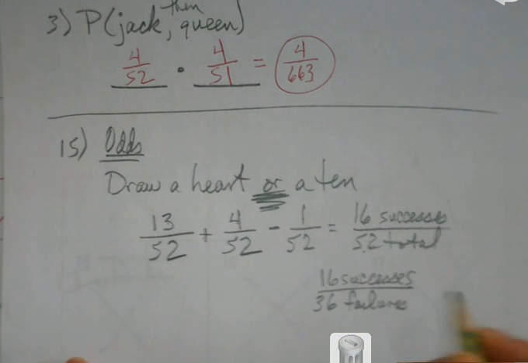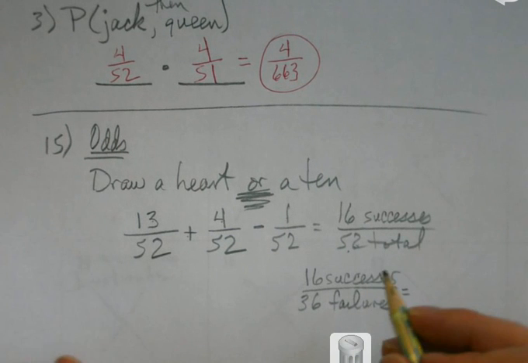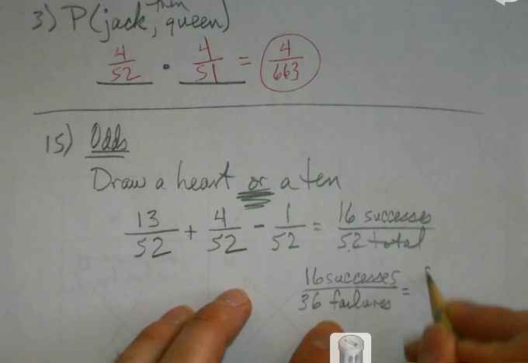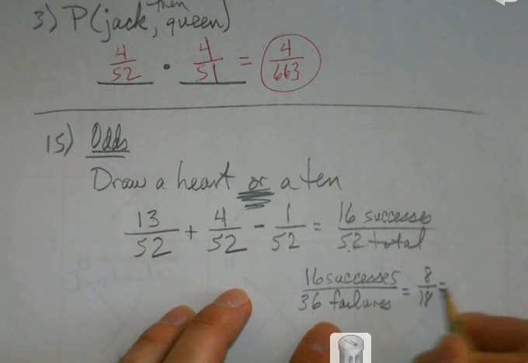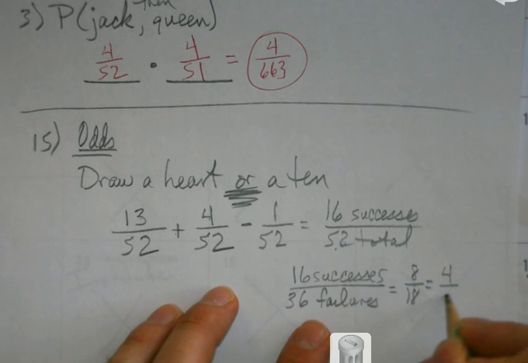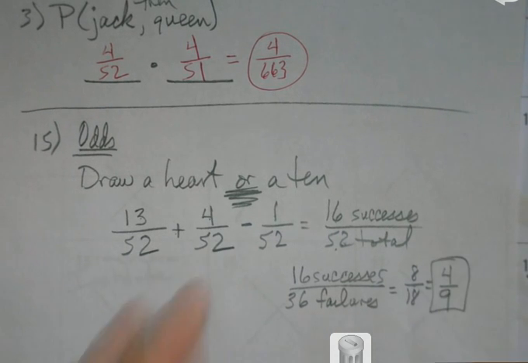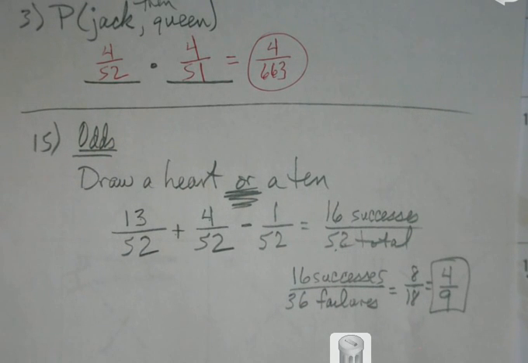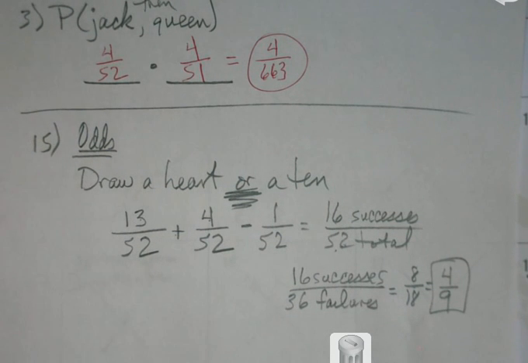And I did copy the wrong one over there. Because if I reduce this down, 8 over 18 would be 4 to 9 once I reduce. That's what I did. I copied the wrong one.